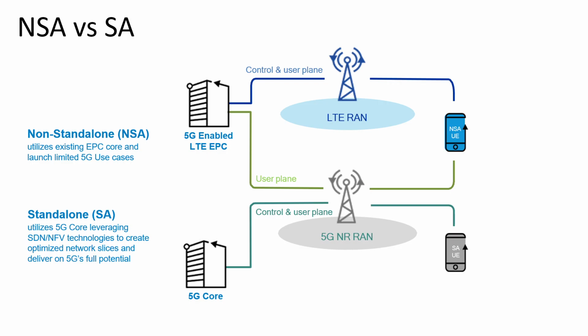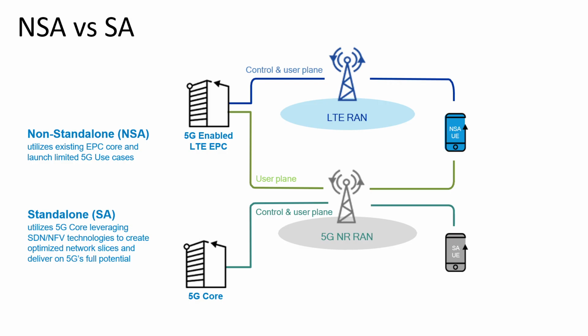Now this time there is no role of EPC. The complete 5G signaling plus 5G payload will be served via the 5G core. The complete traffic will be routed from the handset, from the user device, to new radio, and new radio will forward the complete signaling towards the 5G core.